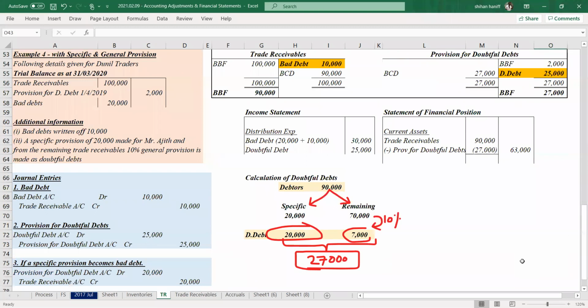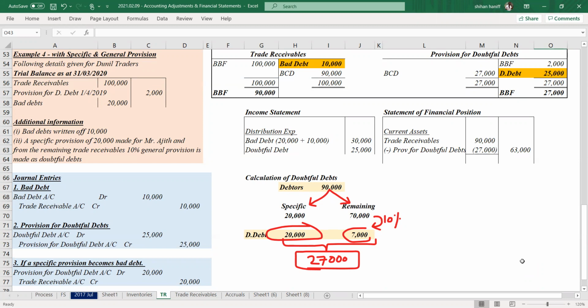So on the inventories, we will cover the closing stock adjustment. So other adjustments I will do whenever it is required, right? So without confusion, we will start from the basics and finish the basics and move on to complex adjustments. Right?